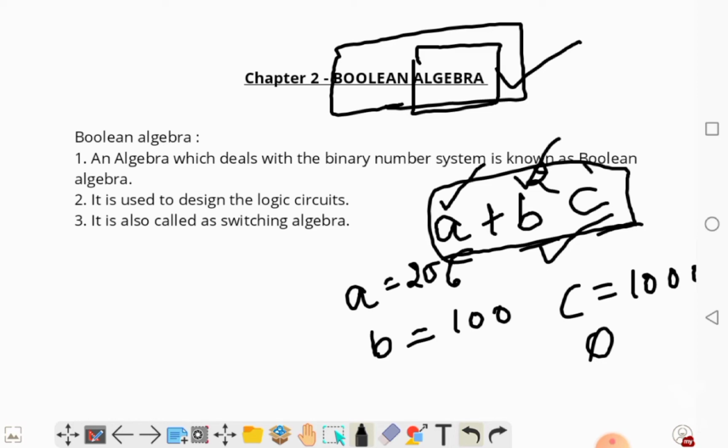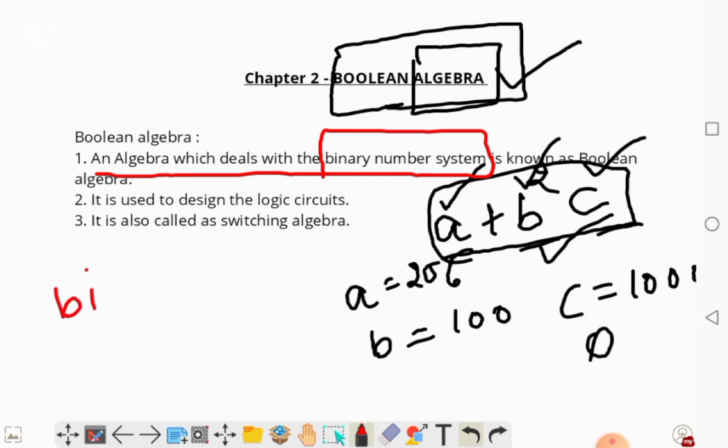Now we come to the Boolean algebra. What do you mean by Boolean algebra? An algebra which deals with the binary number system. What do you mean by binary number system? In our previous school, we have studied about the binary number system. Bi means it is 2. If you have 2 numbers only in the number system, that will be called a binary number system.